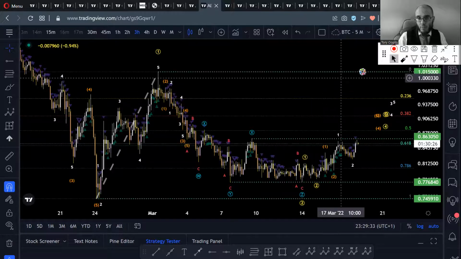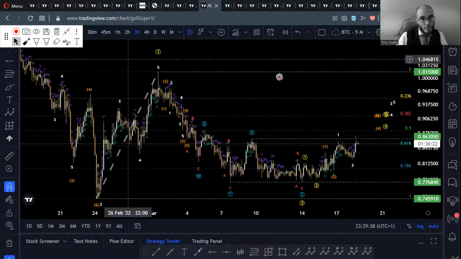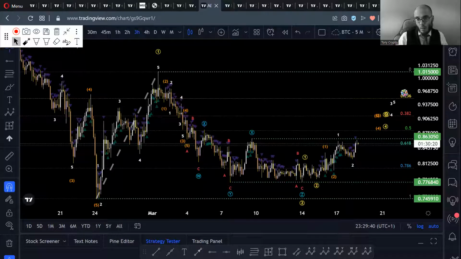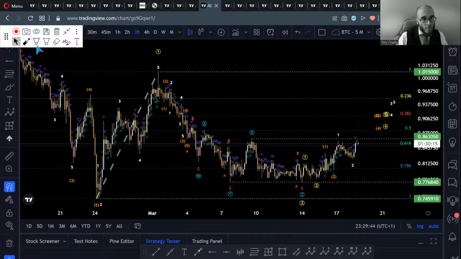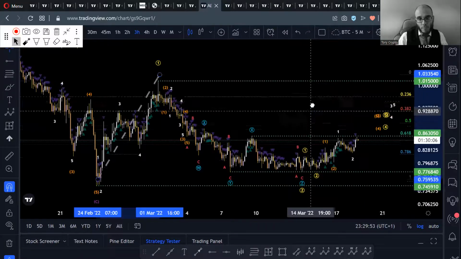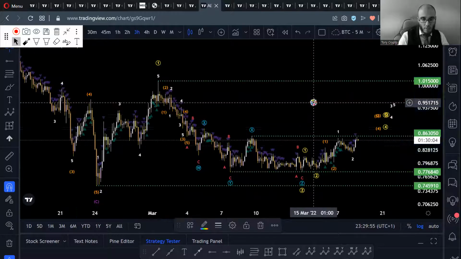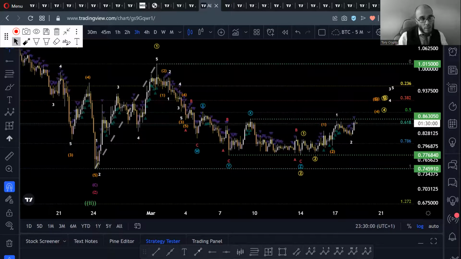The recent Elliott wave count on Cardano. So for the Elliott count, we can say that we had a wave 2 bottom here.